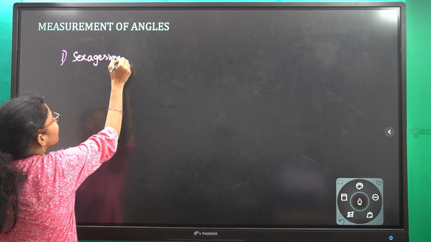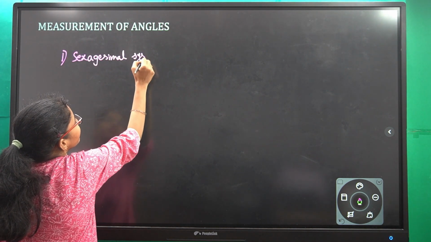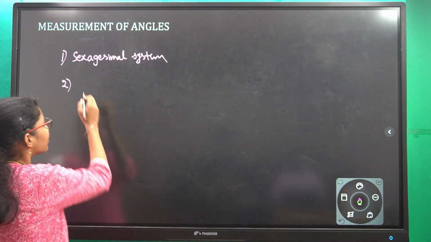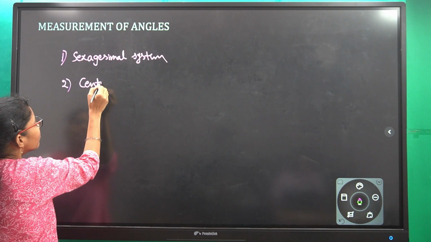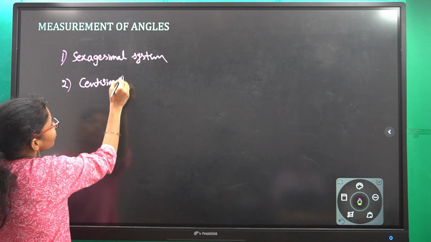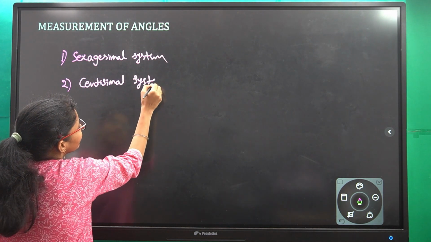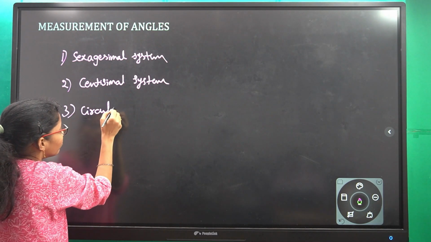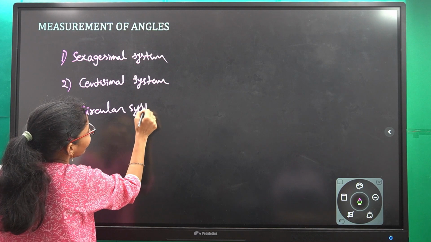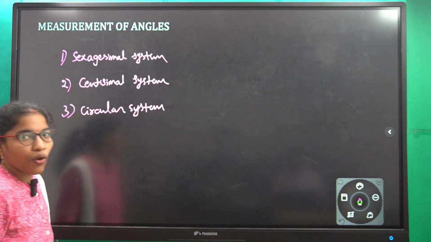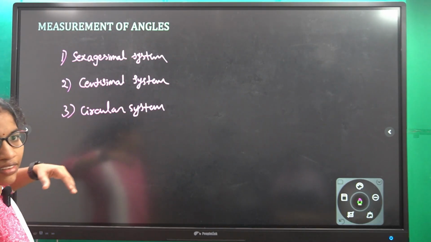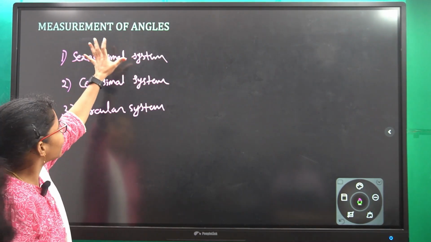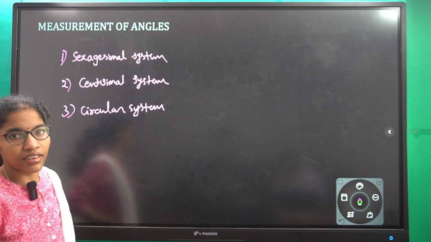The second one is the centesimal system. The third one is the circular system. We can measure angles based on these three systems: sexagesimal, centesimal and circular.